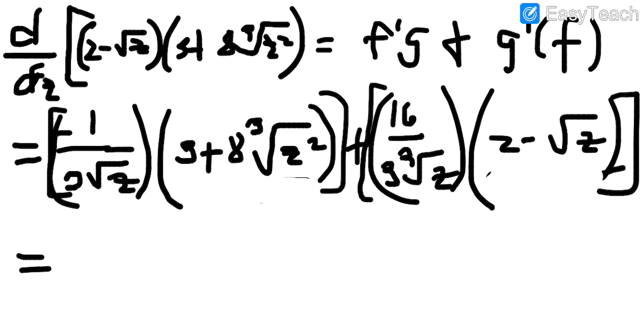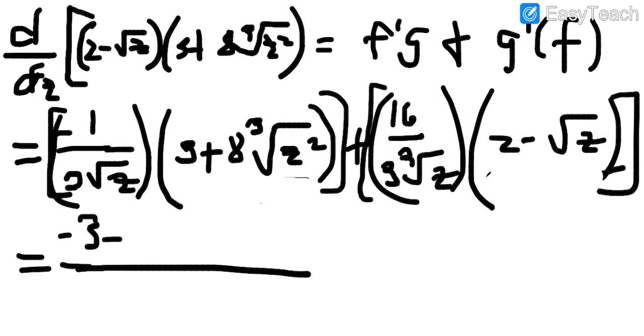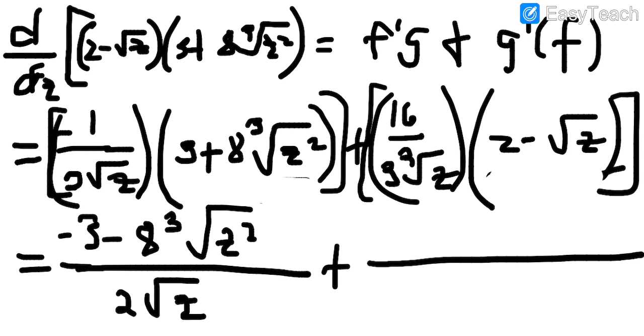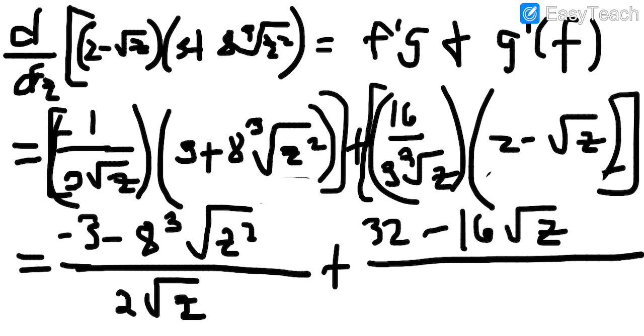We have negative 1 times this whole term, so we have negative 3 minus 8 cube root of z squared all over 2 square root of z, plus here we have 16 times 2, that's 32. 16 times negative square root of z, we have negative 16 square root of z all over 3 cube root of z.